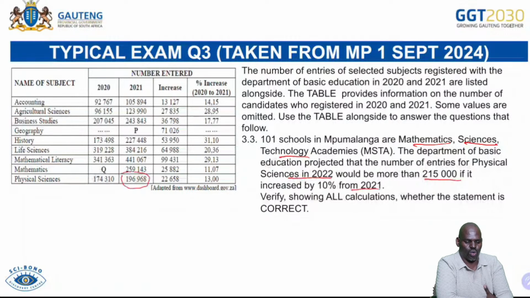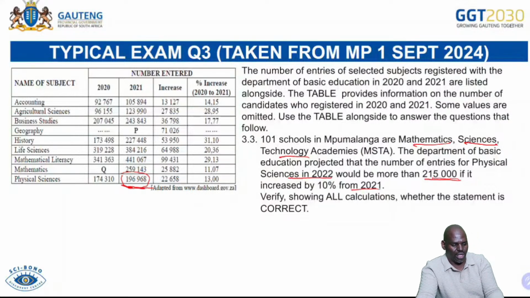It increased to 196,968, and that was an increase of 22,658. Now according to the given information, they say if the number of 2021 increases by 10%, the number will be more than 215,000.